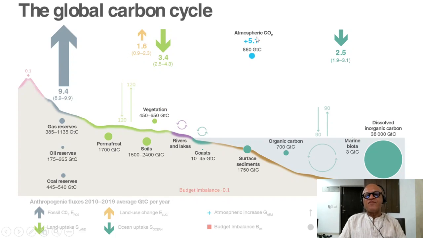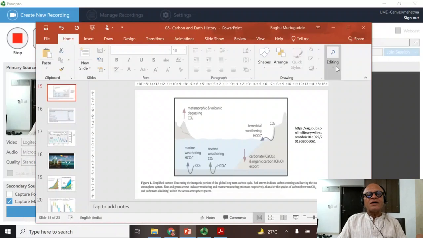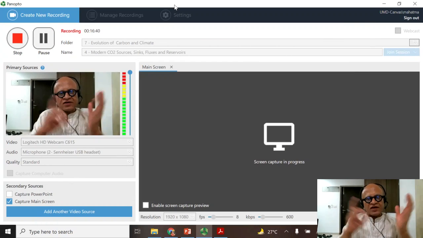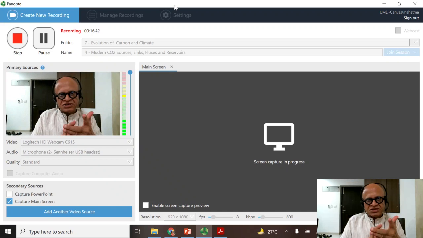This one is at 5.1, and the reservoir size here is 860. Ocean is taking up at 2.5 with a range of 1.9 to 3.1, which gives you a better sense of the uncertainty. Okay, so a quick look, but you can make sure you look at it again carefully and understand the fluxes, sources, sinks, and reservoirs.